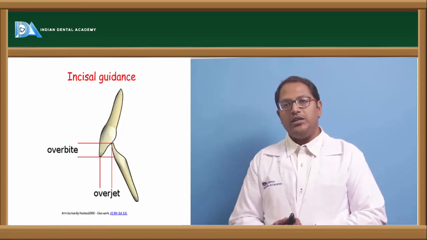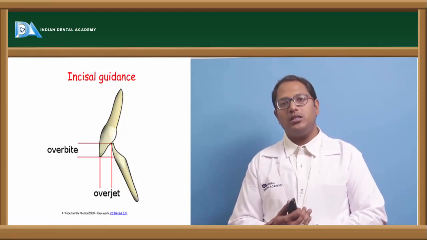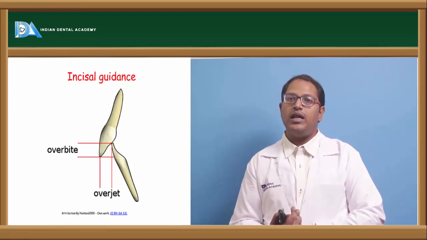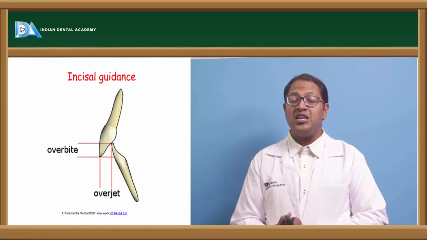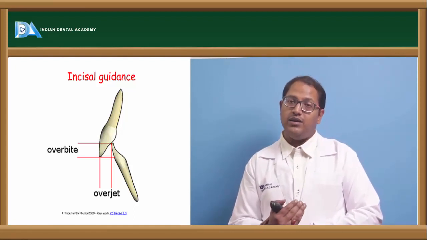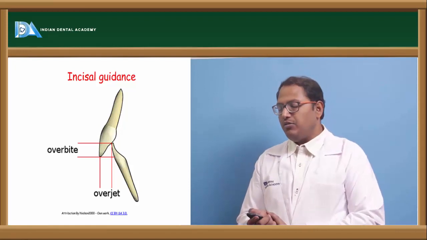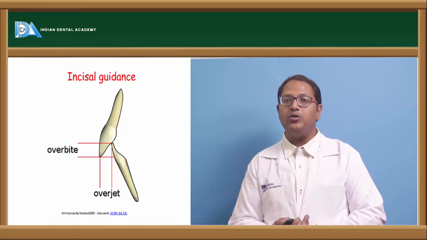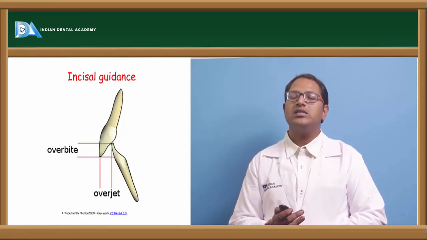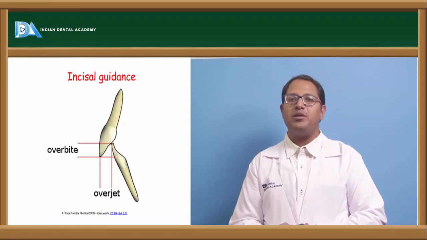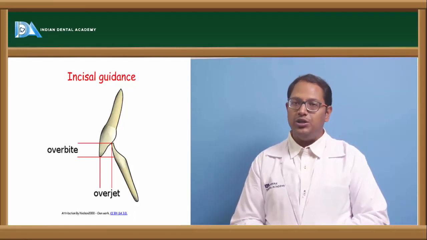If the overjet is more and the overbite is less, we will have a different incisal guidance, a lower incisal guidance. What is more favorable to us? We should have less overbite and less overjet, restricted to 1 and 0.5 mm respectively, according to the new edition of Boucher.